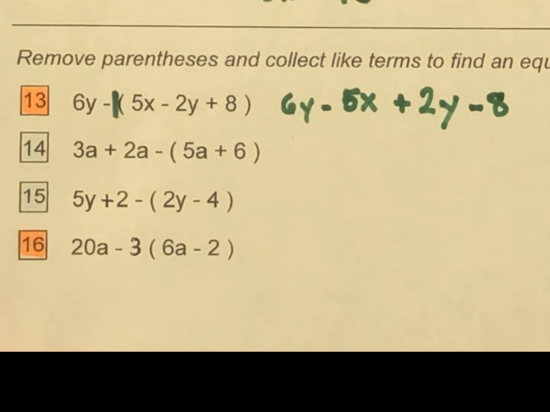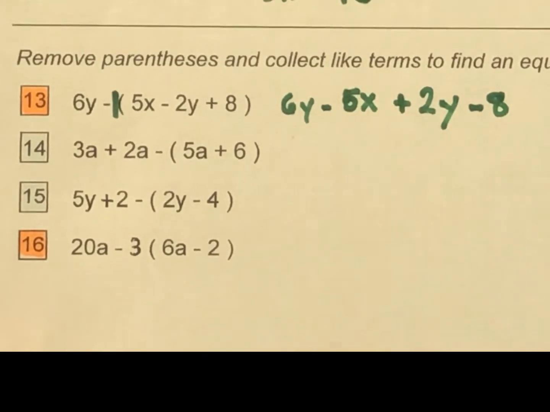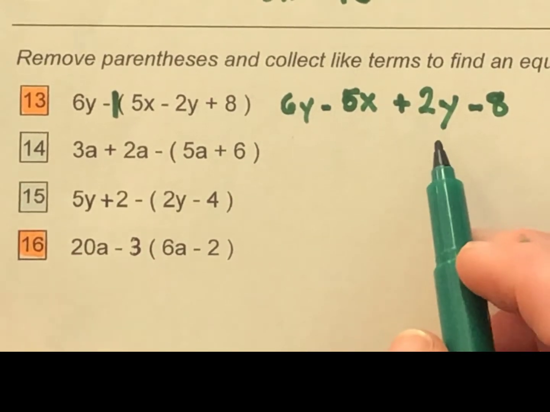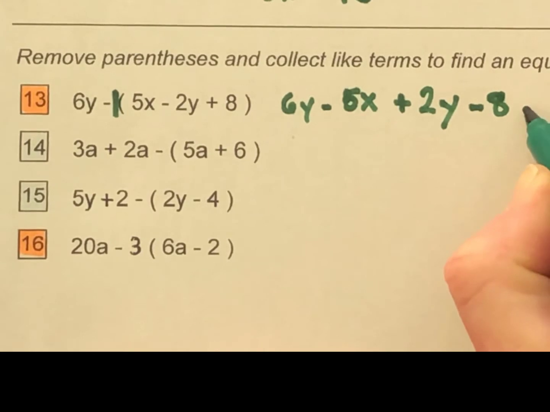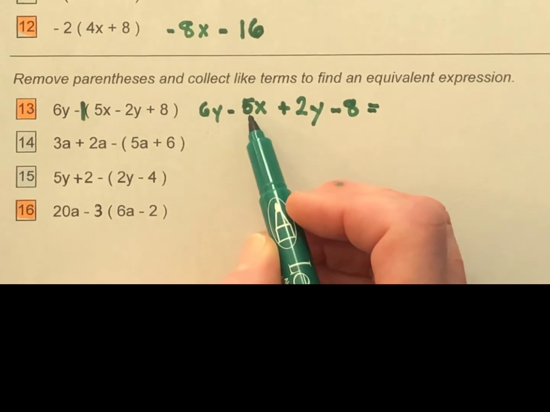Do you think I'm finished? Maybe, but I noticed right away that I've got a y here and an x here, so they're not in order. But then I also see that I've got a y here and another y here, so I need to combine those. So let's go ahead and simplify this one more time. I'll do my x's first. I have a -5x.